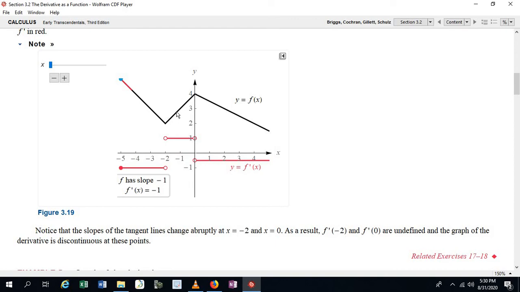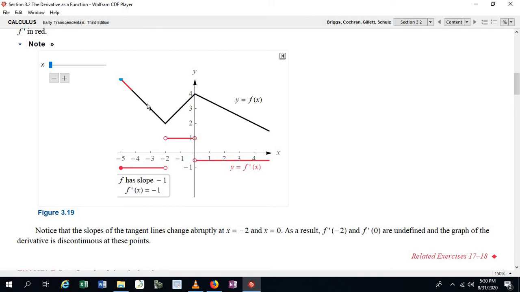But notice if you approach from the other side and draw secant lines on this side, the secant lines have a slope of +1. As you get closer and closer to -2, every one of these secant lines has a slope of +1. And so the slopes of those secant lines are approaching 1, and the slope of the tangent line on this side is also 1. In order for the slope of the tangent line to exist at this point, you must approach the same number from both sides.